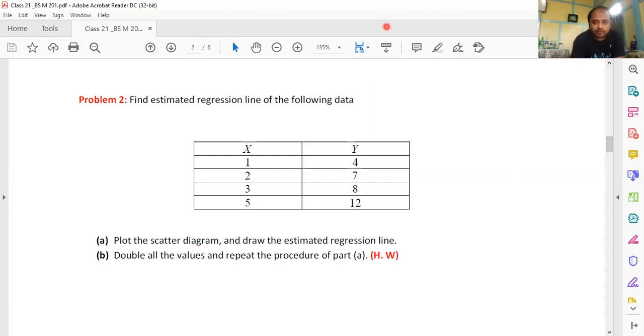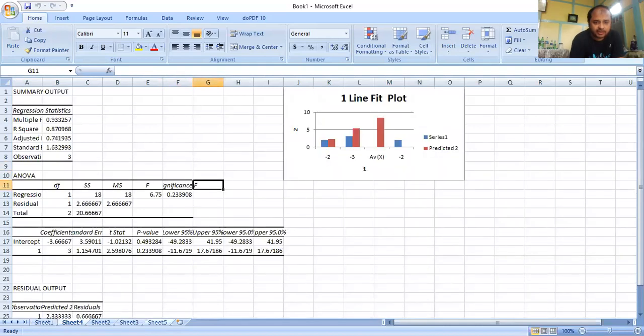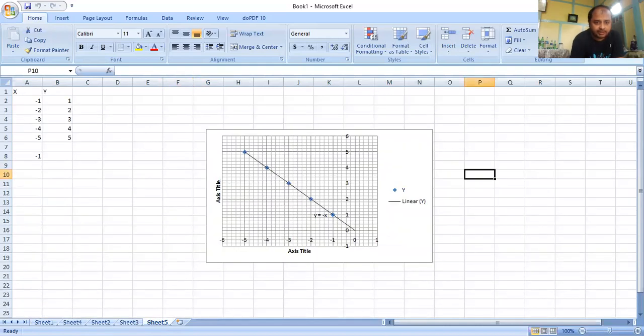Okay, so I'm stopping the share. I have actually tried to fit several straight lines. You can see in my Excel sheet, so many problems have already been done.